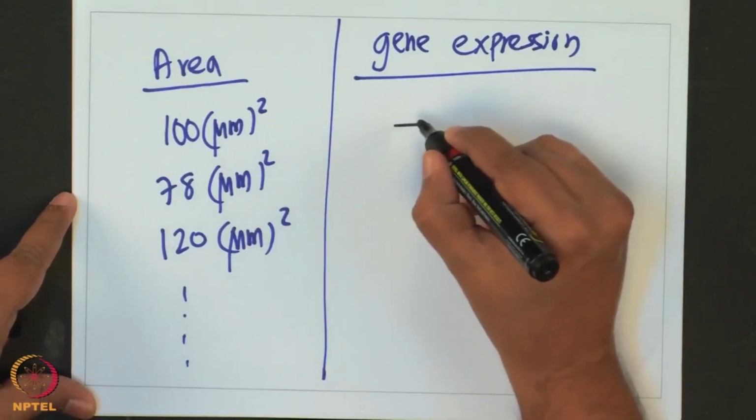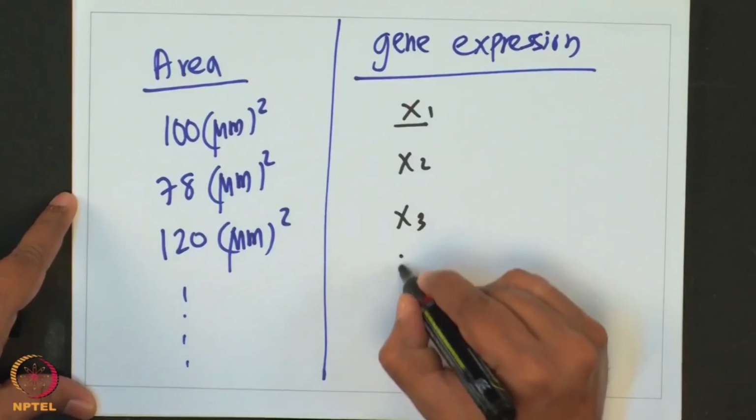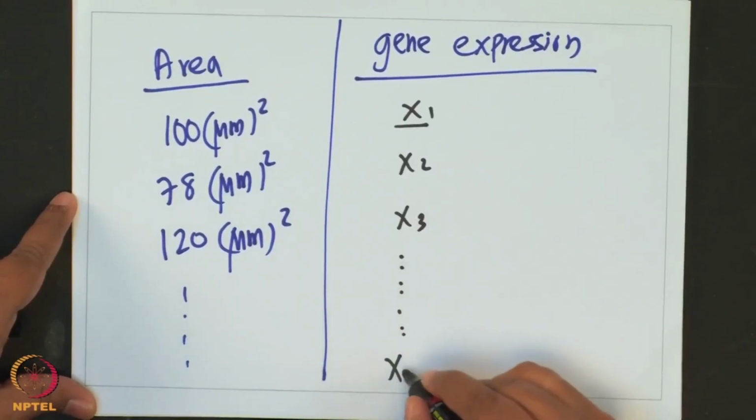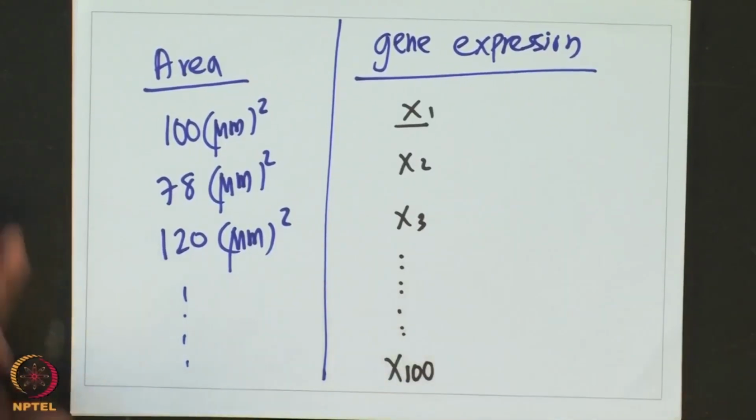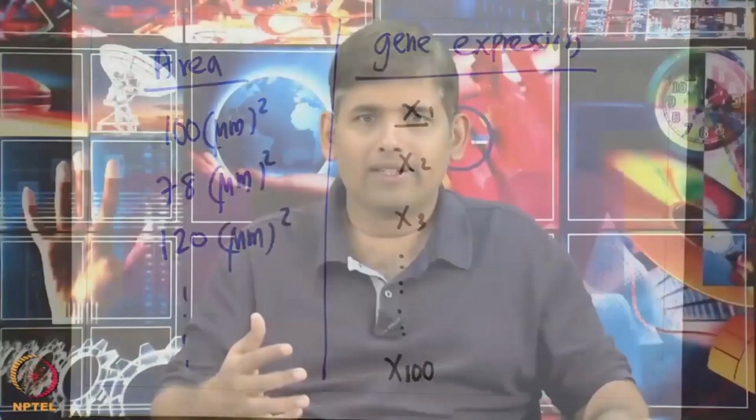So you would get x1, x2, x3 and many values; if there are 100 cells you would get up to x100. This is the amount of gene expression. It could be in micromolar or nanomolar or whatever the unit, but you would get some concentration of proteins expressed in these cells.